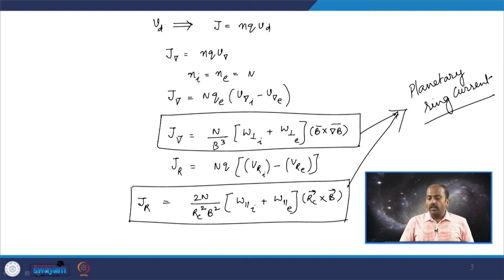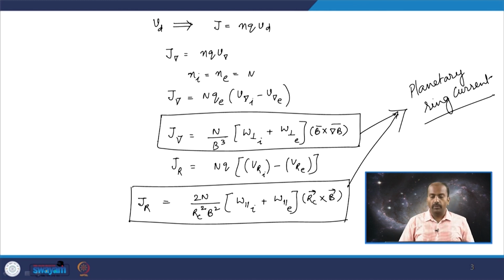The planetary ring current is typically of the order of several million amperes and its strength keeps changing with the amount of plasma that the sun throws at the earth, right. So, we will have a more detailed discussion about the planetary ring current when we discuss topics like geomagnetic storms.